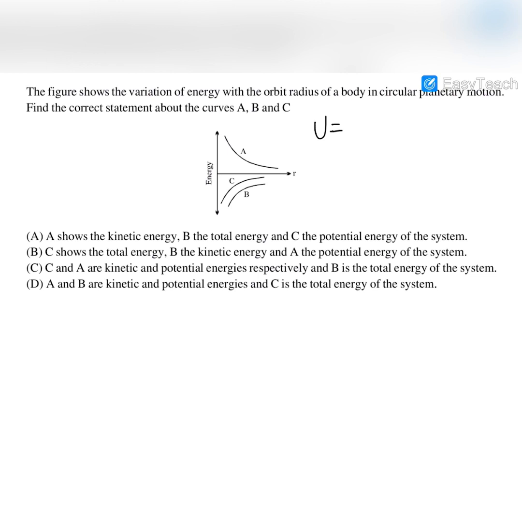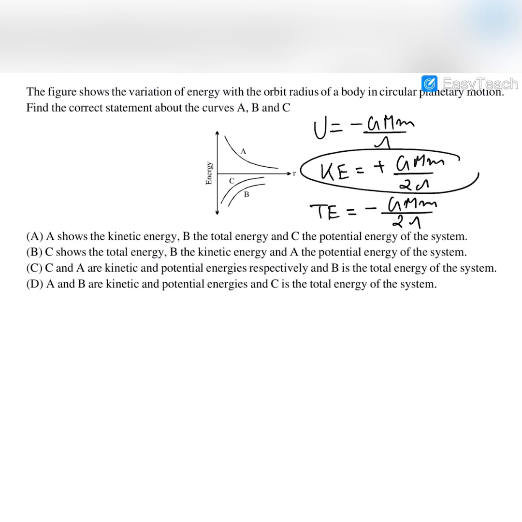The potential energy is equal to minus GMm by r, the kinetic energy is equal to plus GMm by 2r, and the total energy is equal to minus GMm by 2r. Kinetic energy is positive, so A would be the kinetic energy graph, and the total energy and potential energy would be negative.